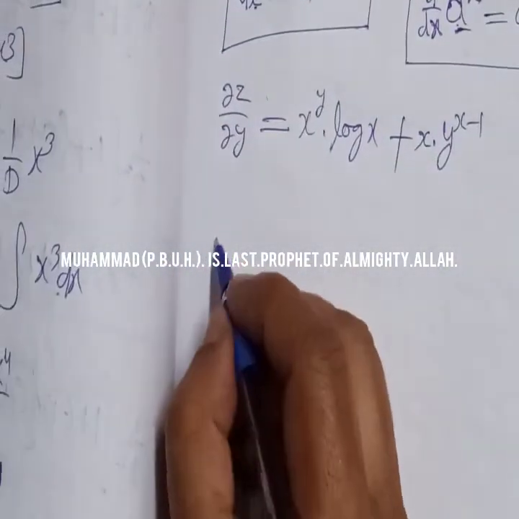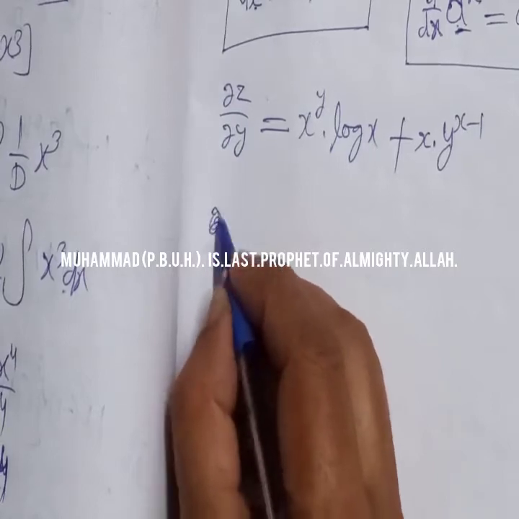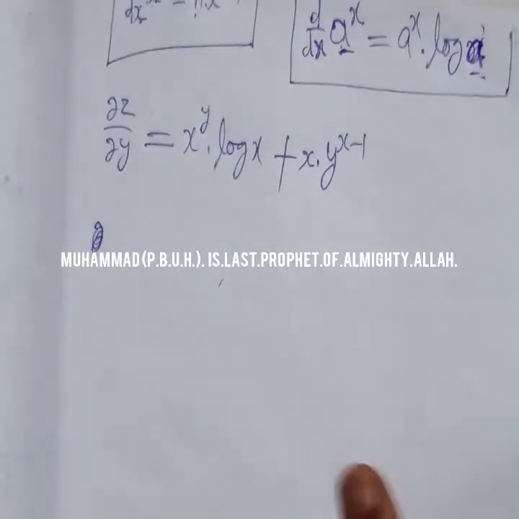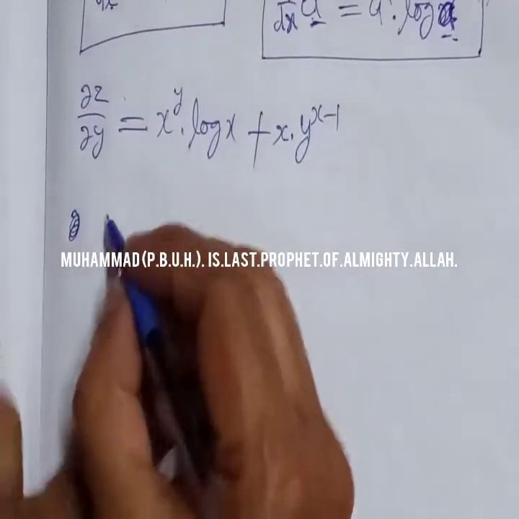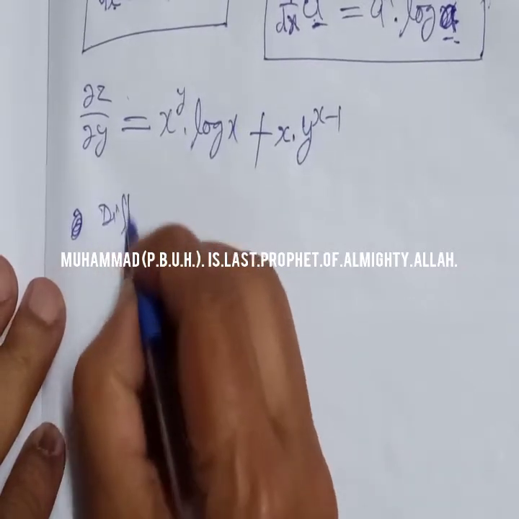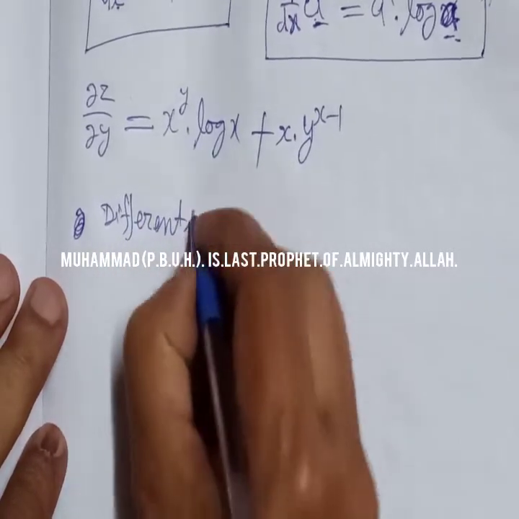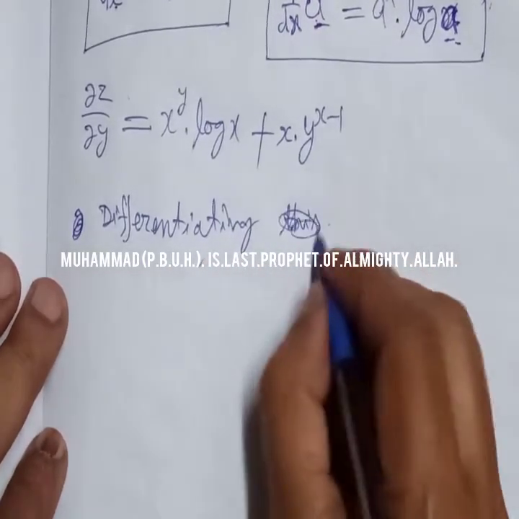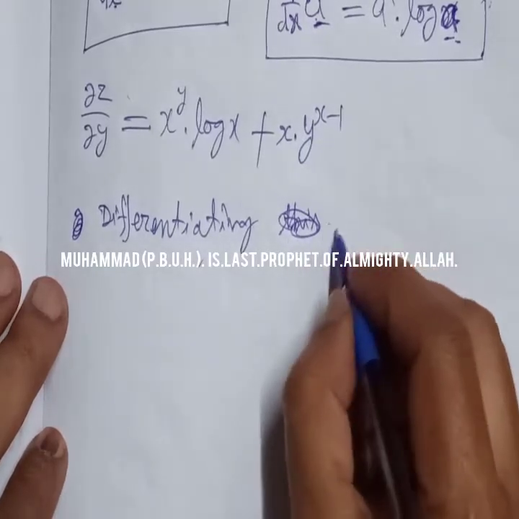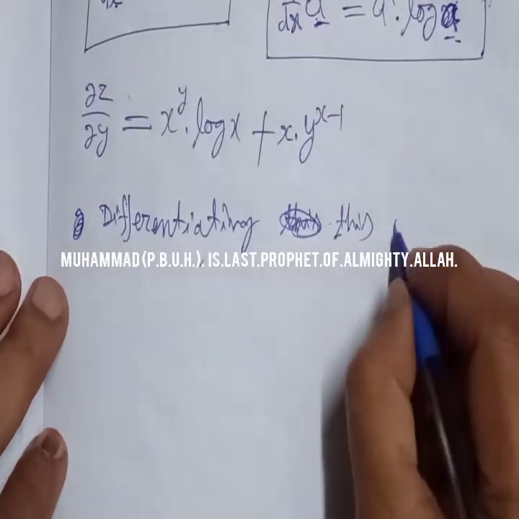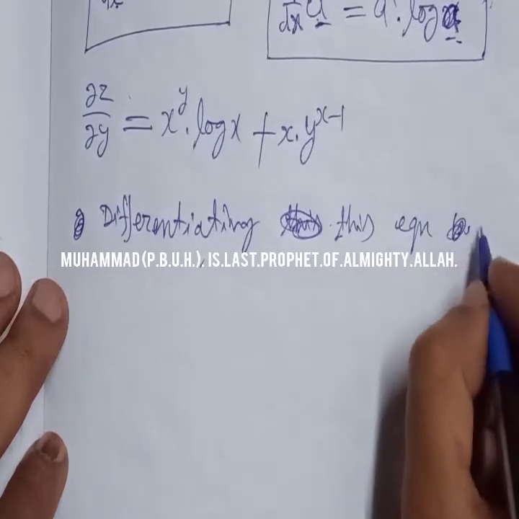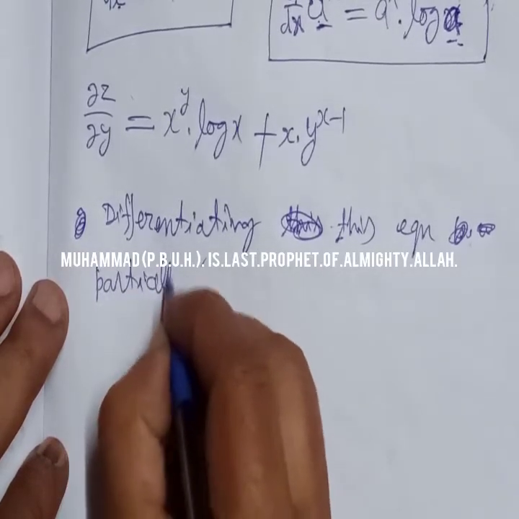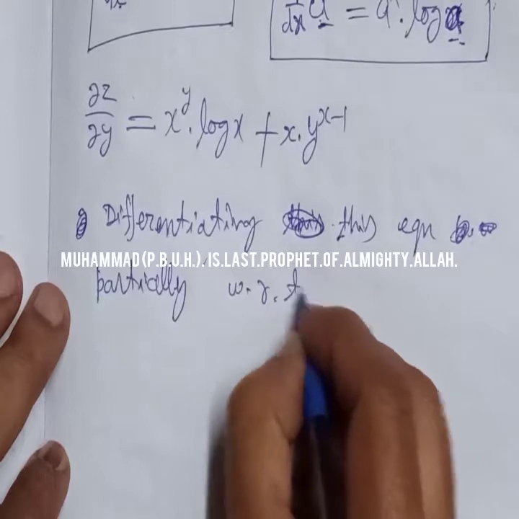Now we have to find left hand side by differentiating this value again with respect to x. So I write differentiating this equation partially with respect to x.